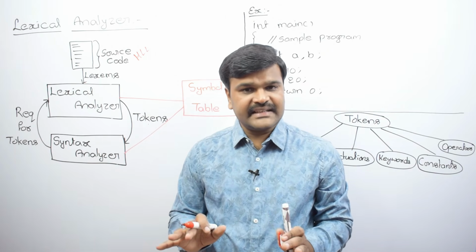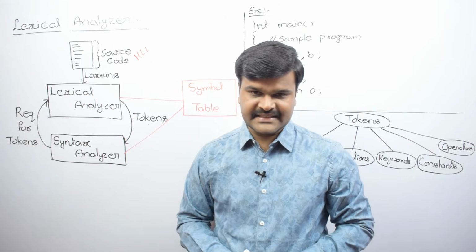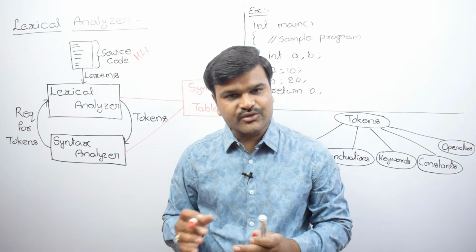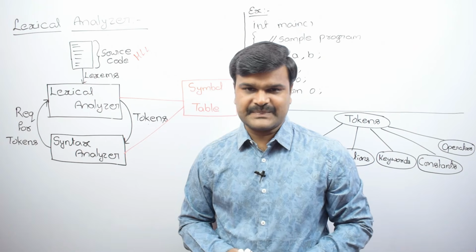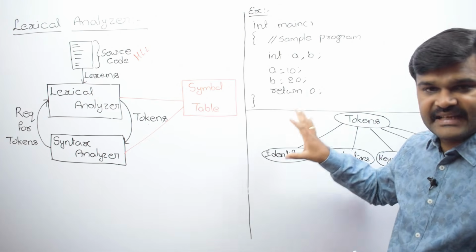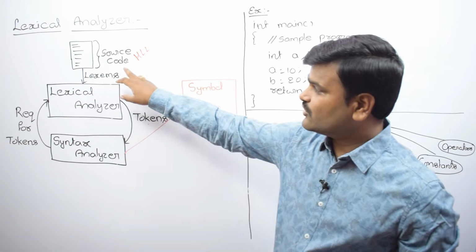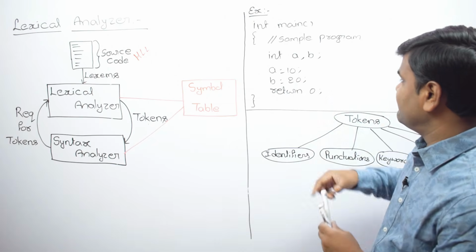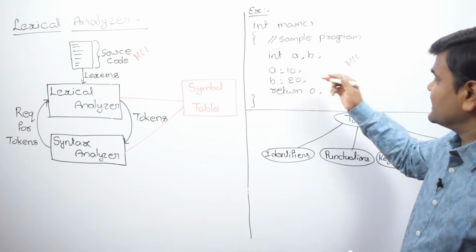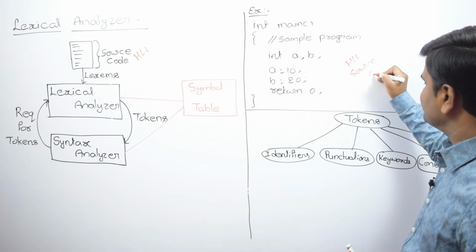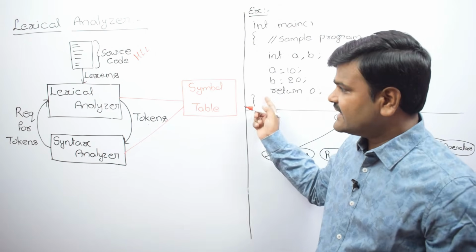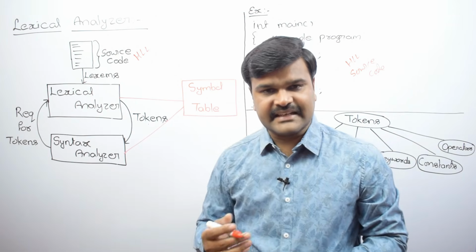Now let us see more clearly what is happening in the lexical analyzer, and how the lexical analyzer and syntax analyzer work together, that means coordinate with each other. For example, here we have written a program in C language. This is called the source code, and it is the high level language. After preprocessing is done, we give this source code as input to the lexical analyzer.